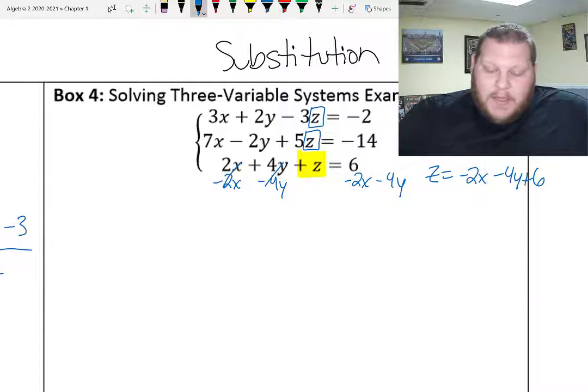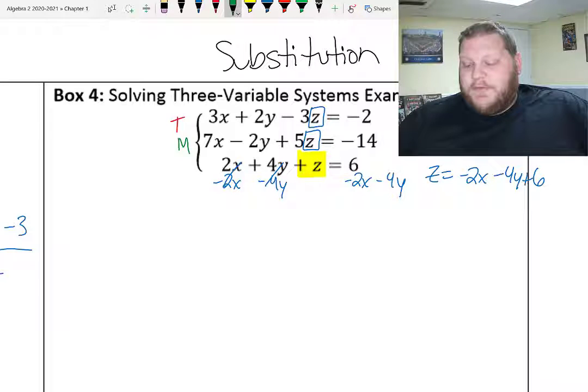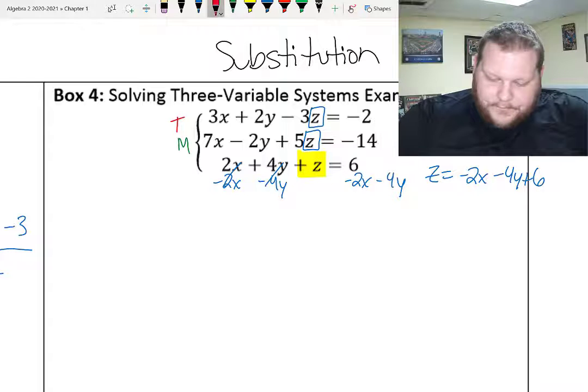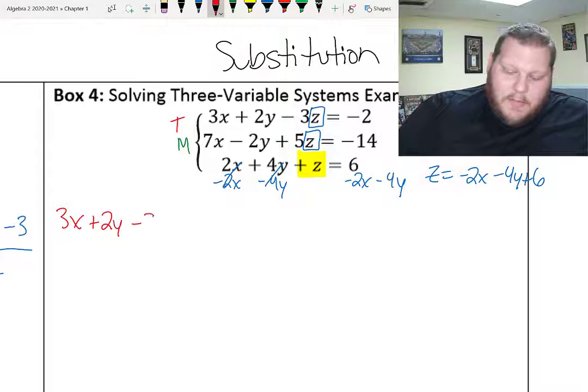In my top one again, I'm going to use red. In my middle one, I'm going to use green. I'm just going to substitute negative 2x minus 4y plus 6 in for z. So in my top equation, 3x plus 2y minus 3 times negative 2x minus 4y plus 6 equals negative 2.